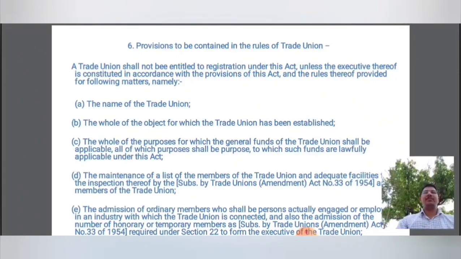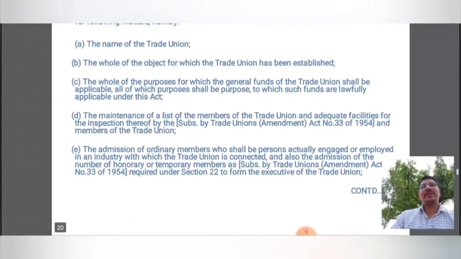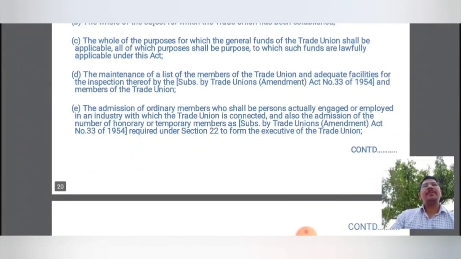What are the different objects which have been stated in the trade union and why is it applied? What is exactly the purpose behind setting up or establishing a trade union? The whole purpose for which the general funds of the trade union shall be applicable, all of which purposes shall be purposes to which such funds are lawfully applicable under this Act.